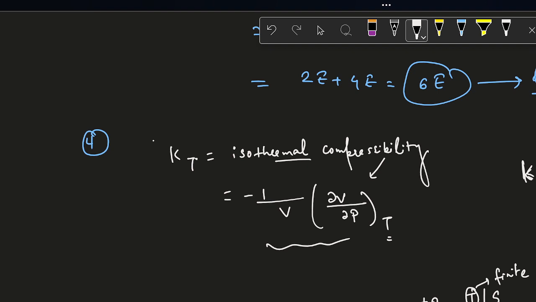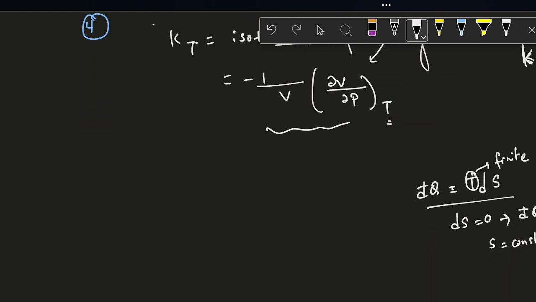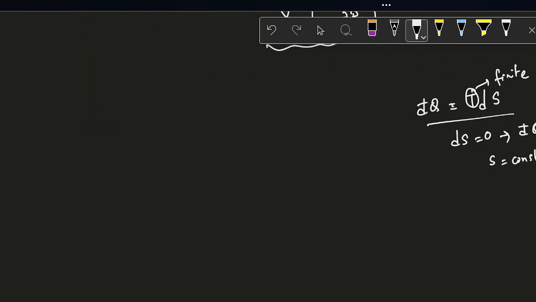That means if entropy is constant, no heat is being exchanged between the system and the surroundings. So that means it is an adiabatic process. So that's why isentropic compressibility is also known as adiabatic compressibility.